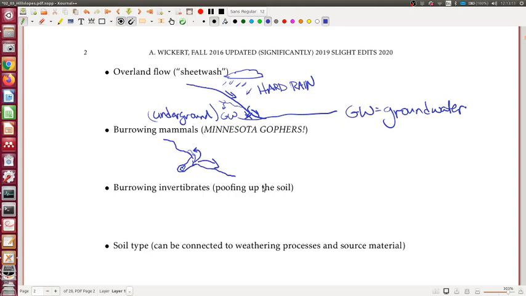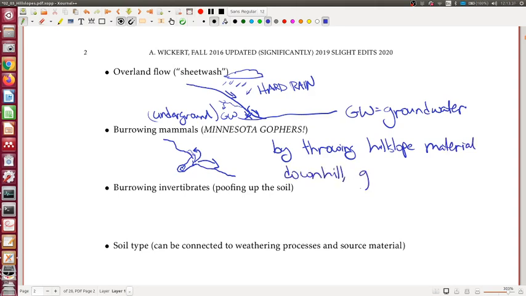And so by throwing hill slope material downhill, gophers enhance hillslope creep. I'm just adding soil here because we often say soil.